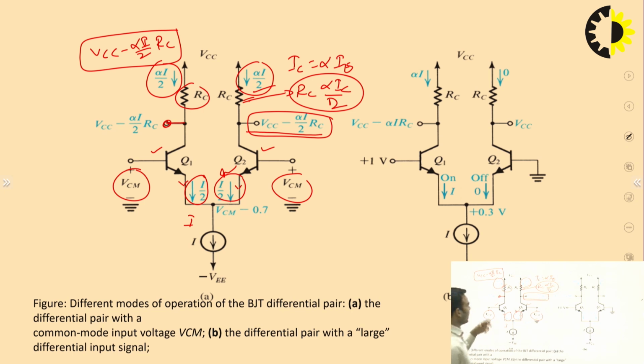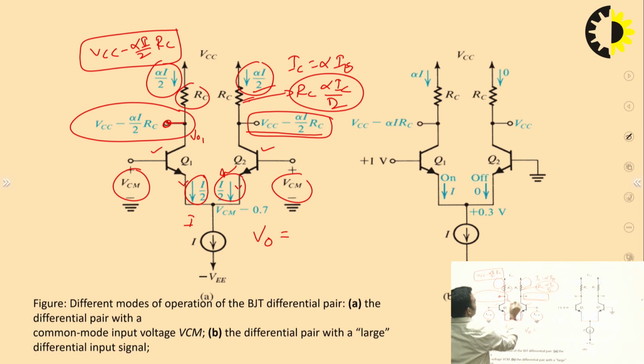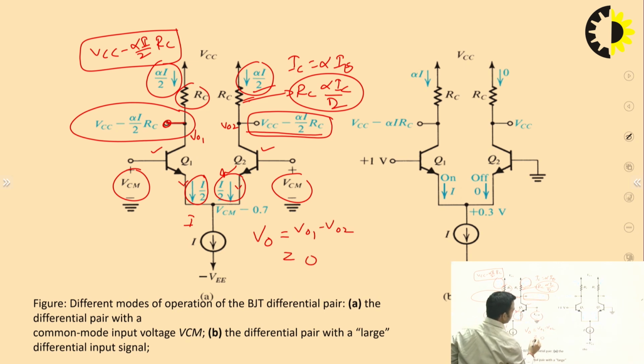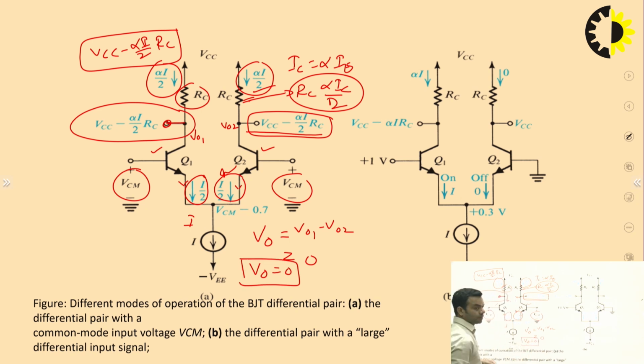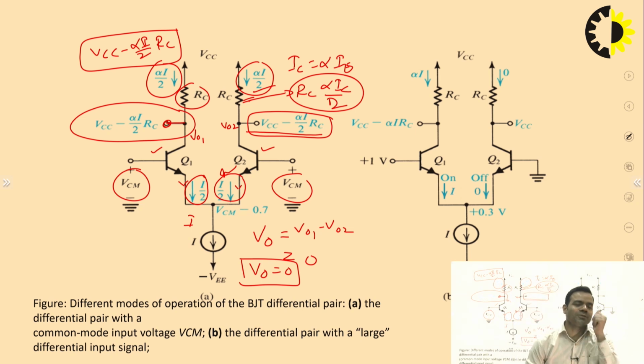So if you will take actual output, let us consider this is V output 1 and this is V output 2, and it is equal to V output 1 minus V output 2, and it will be 0. Now you may get surprised, what is the need of this type of amplifier which is providing you output equal to 0, even you are applying input.